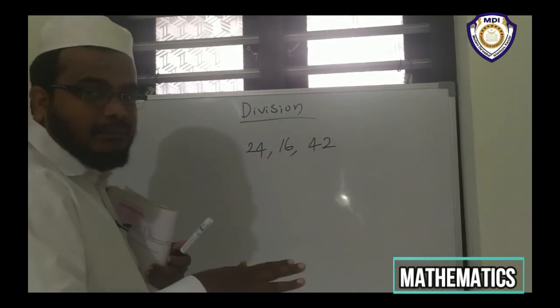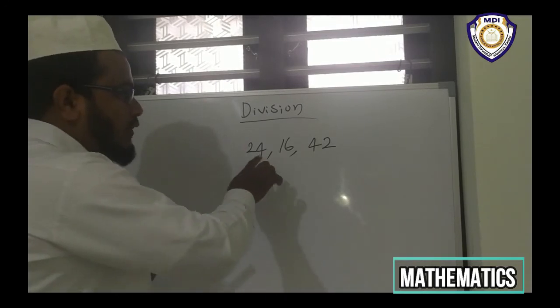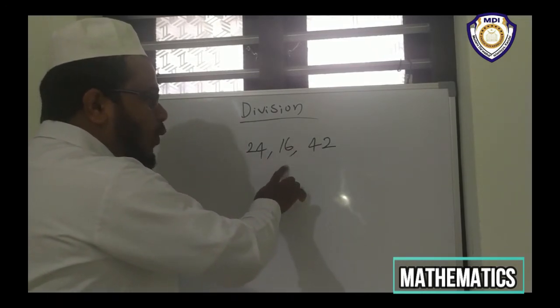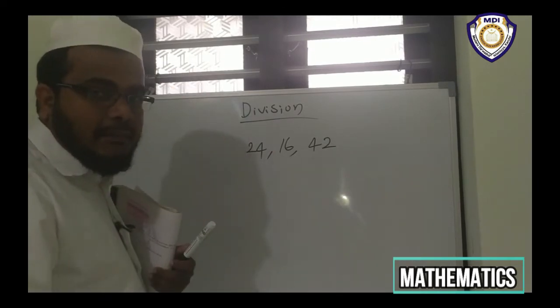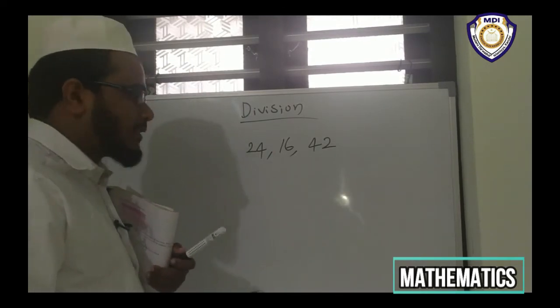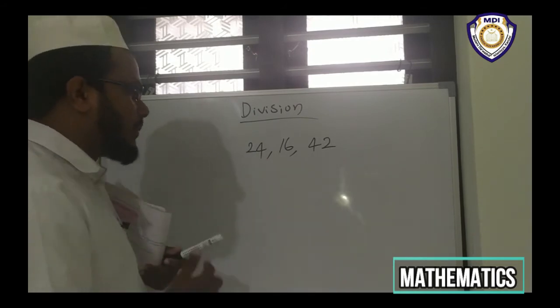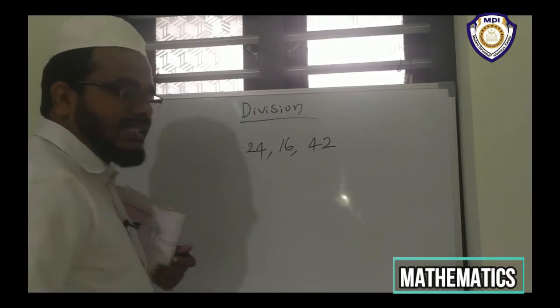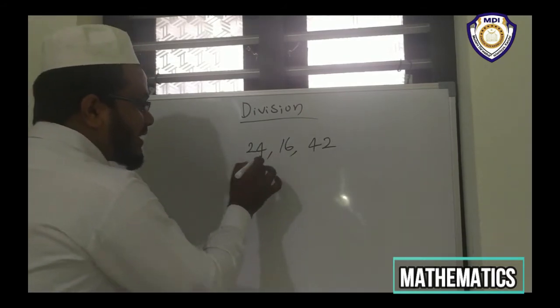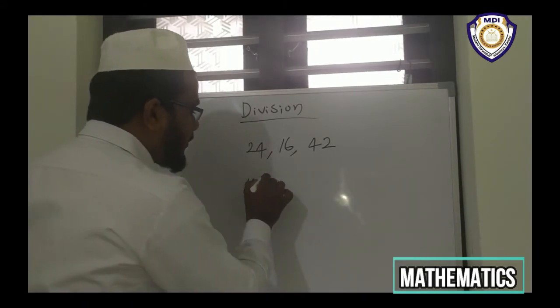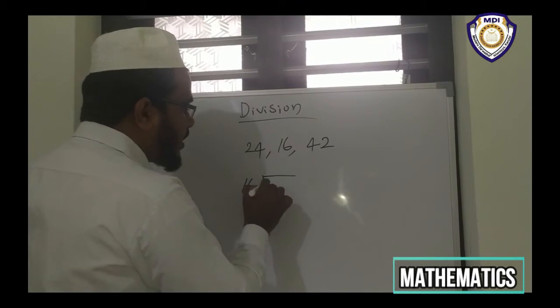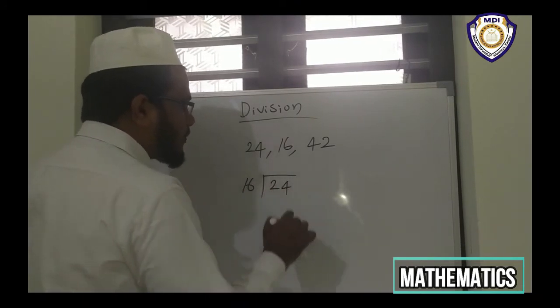We cannot divide 3 numbers at a time, so we select 2 numbers, 24 and 16. The divisor here is 16, because this is the smallest number, and the dividend is 24.